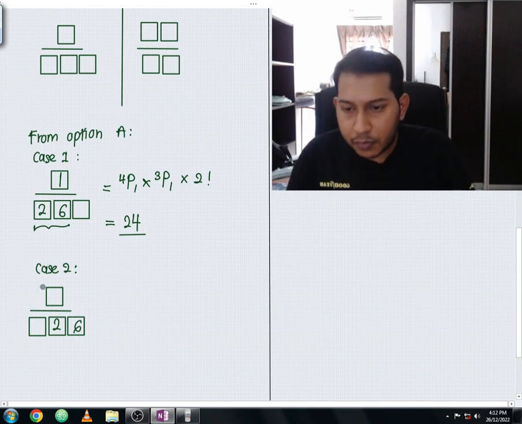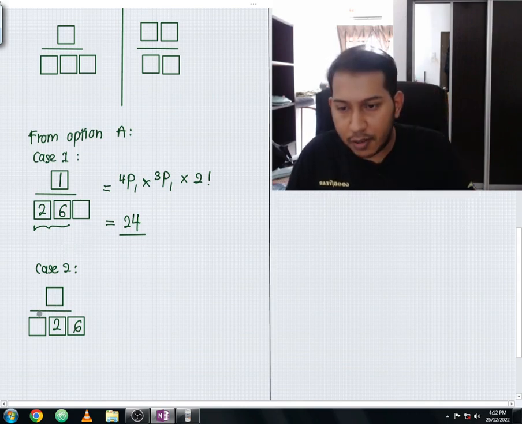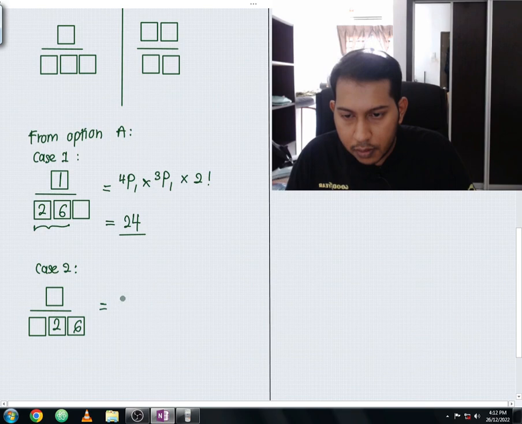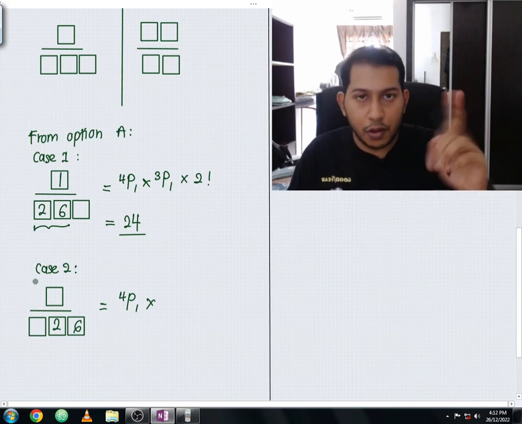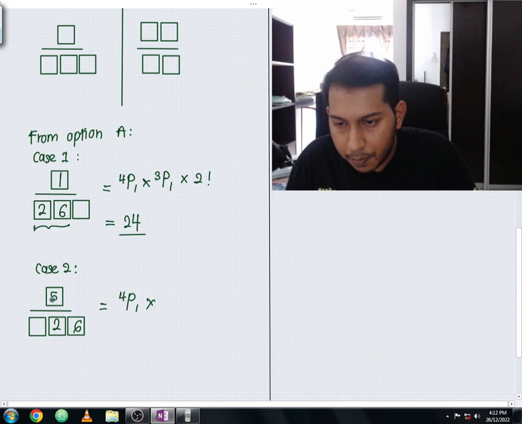Okay, so how do we calculate? Same steps. You have 4 numbers. Out of the 4 numbers you pick 1 and place it on the numerator. So 4 permutate 1 or 4 pick 1. Out of the 4 you choose 1 and place it over here. Let's say I choose number 5 this time.